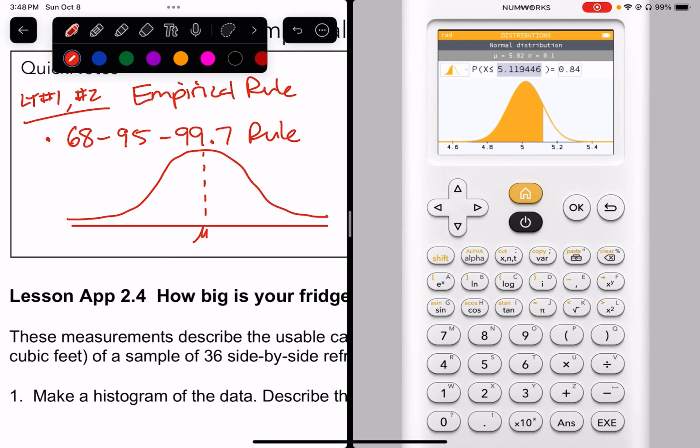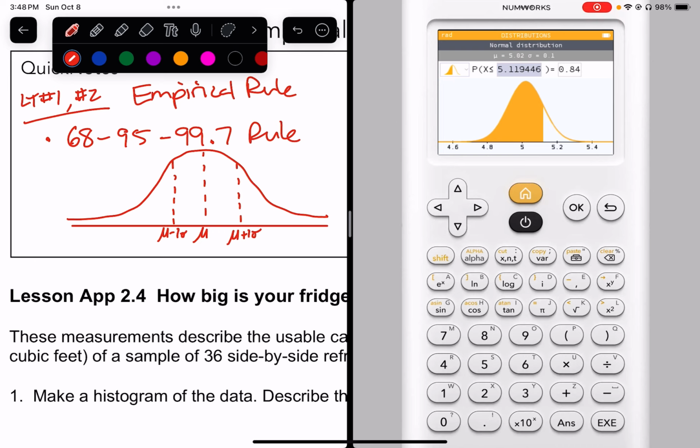Our first kind of distance away is mean plus 1 standard deviation. And same thing on the left, except now it's minus 1 standard deviation.